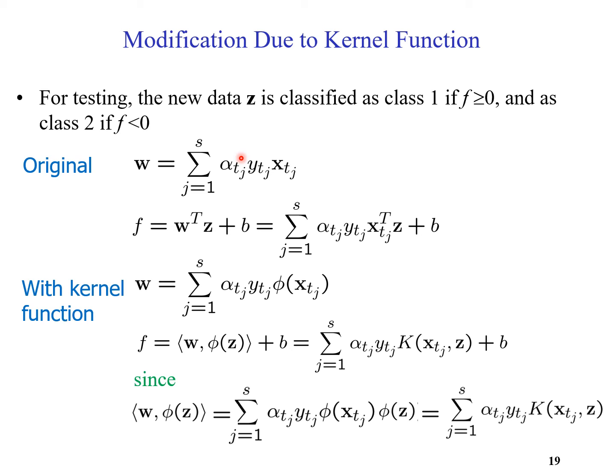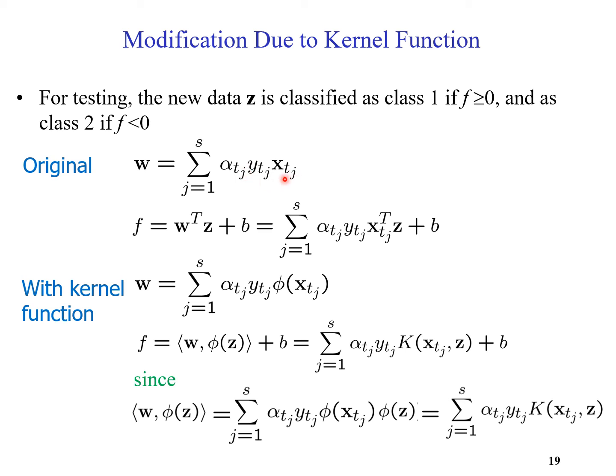For data which is not a support vector, their alpha value is 0. That means that data is not important in terms of determining the line. So you can consider this alpha value as the importance of each data.